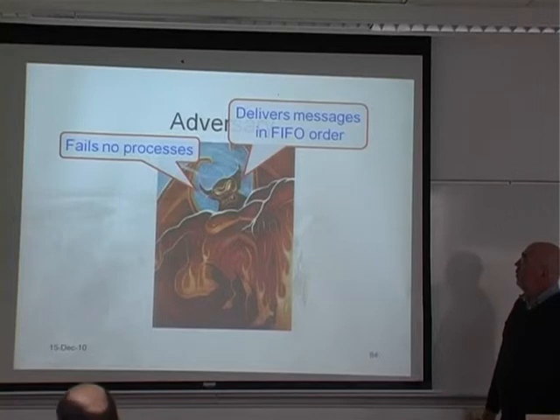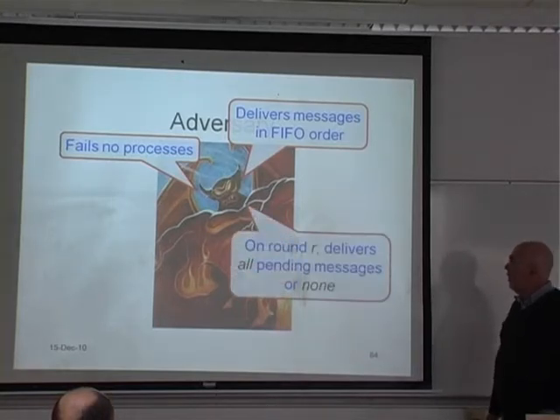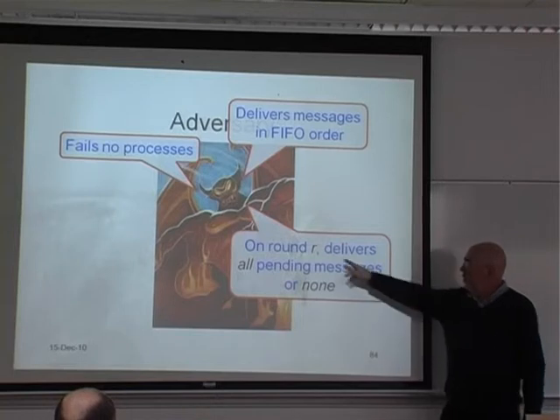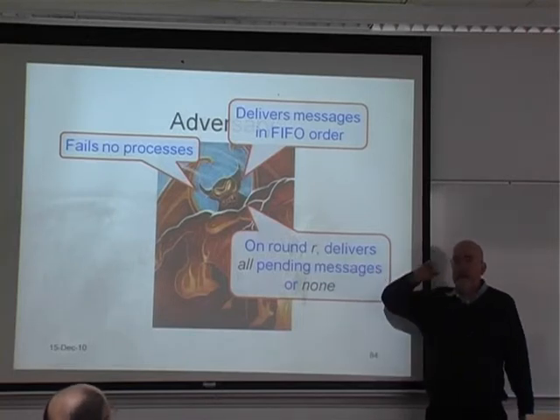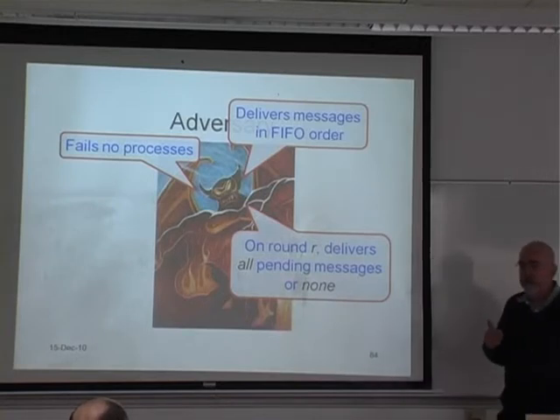So the next thing is we're going to deliver the messages in FIFO order. So you don't need to worry about omission failures, out of order, whatever. But we're going to say, well, on round R, the adversary, because it's asynchronous, may choose to withhold the messages from you.